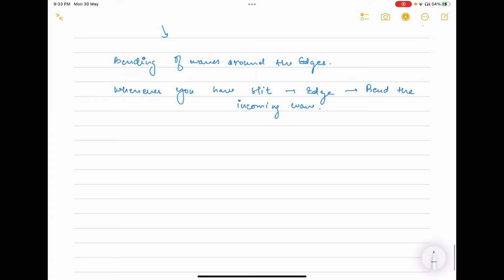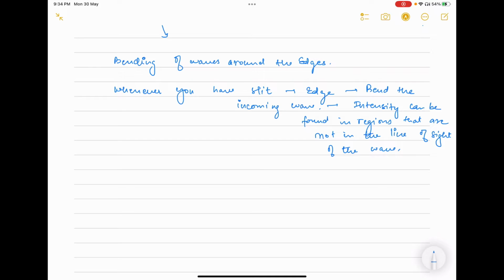As a result, intensity can be found in regions that are not in the line of sight of the incident wave, rather, I should say.